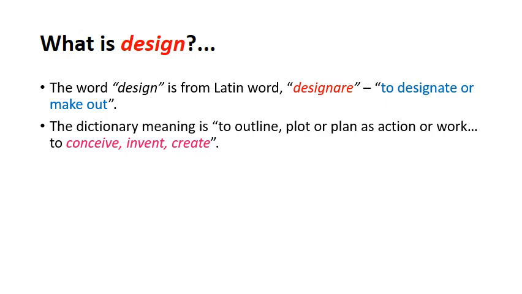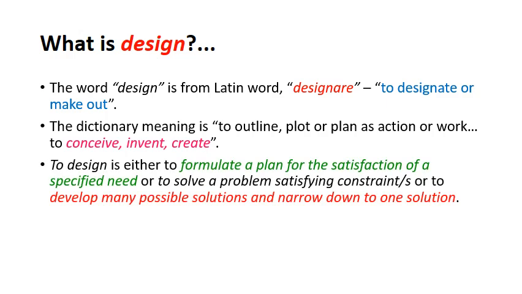So, what do you conceive or what do you create? You basically work on a plan. You formulate a plan for satisfying a specific need, or you solve a problem satisfying certain constraints. So this is one aspect of design.